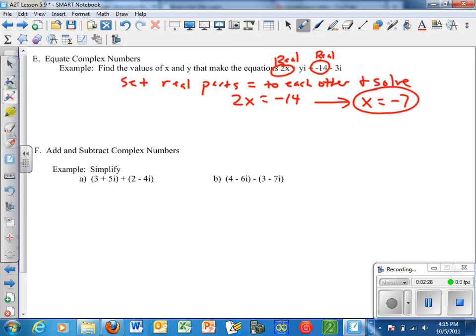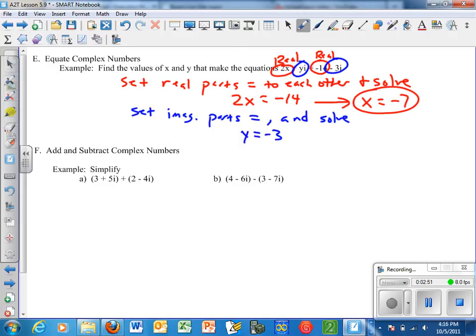Okay? You also want to then solve for y. So I have yi. So we want to set the imaginary parts equal to each other and solve. So I really have y equal to negative 3.